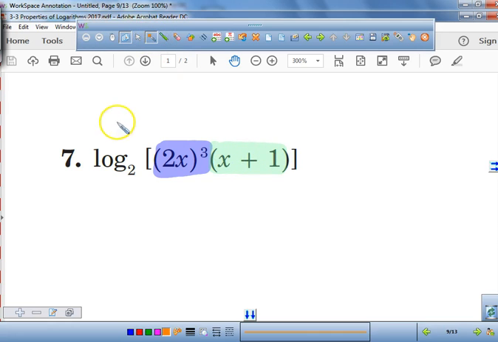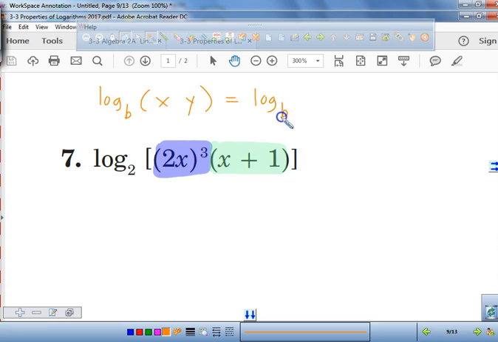Now the very first rule we're going to use is what's called the product property. This should be in your journal. You should already have this. You just need to know how to apply it.